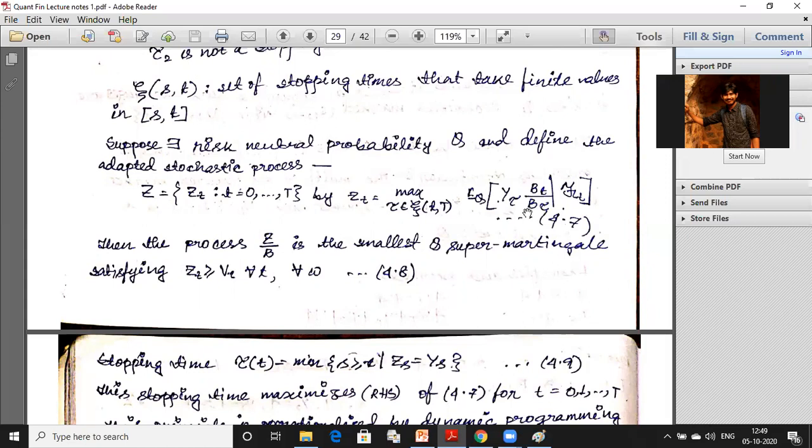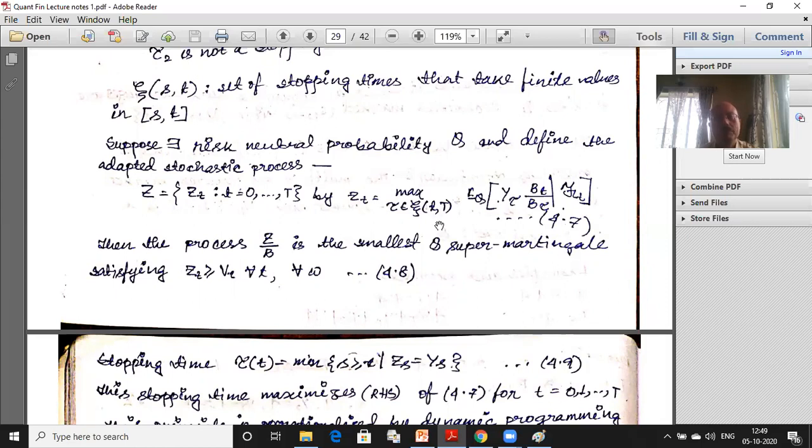Yes. So what are we doing? Zt is the maximum possible of that expected current value. And the maximum is evaluated over all the stopping times between now and the last date. Now, if you look at the range of the maximum here, the range is actually shrinking with t.